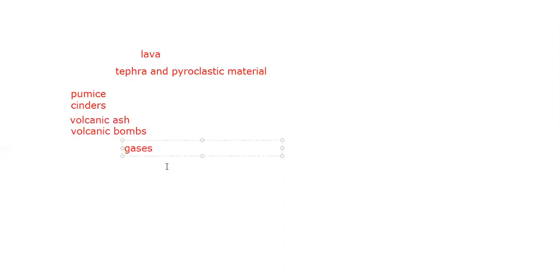Now, of course, we would expect that gases would eject from a volcano, provided that it comes from inside of the earth, right? So primarily, the gases are ejected in the form of steam, right?